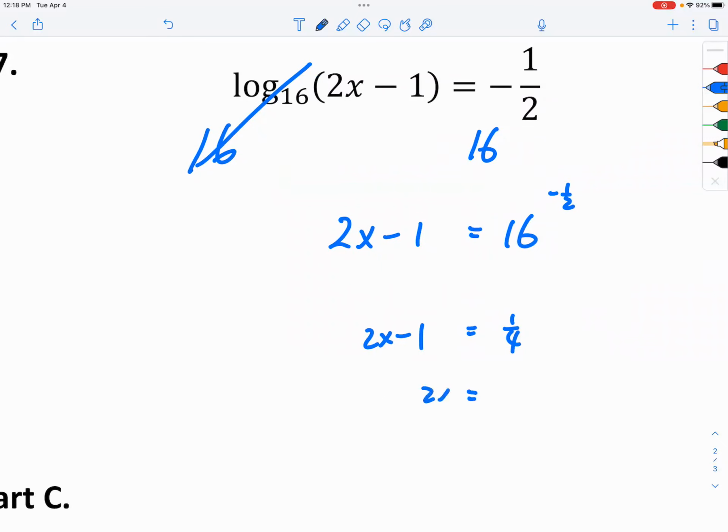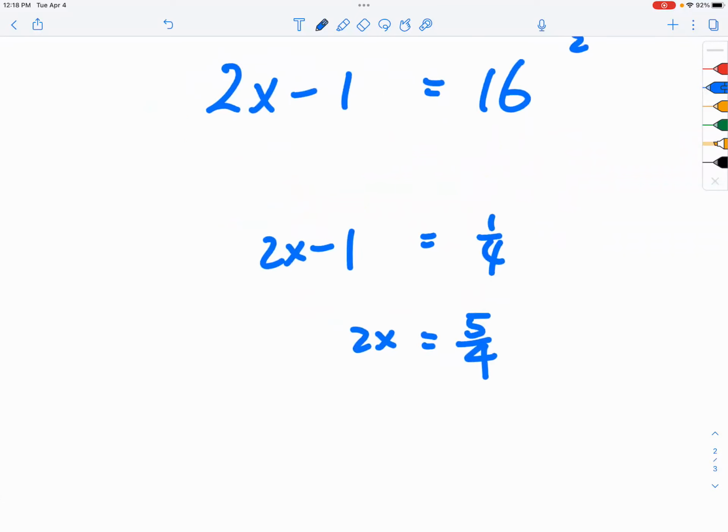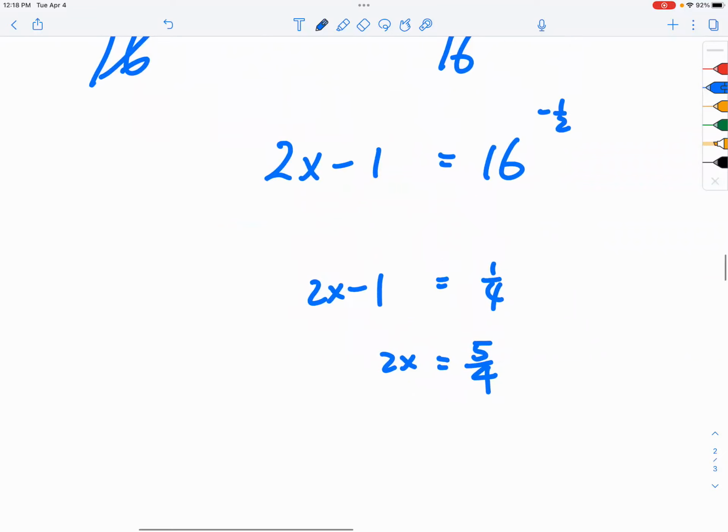You add 1 to the other side, it becomes 5/4. And now, this is where I want to take a moment to talk about what to do to get x by itself. There's a simple procedure right here, but some of you did not do well in the last quiz. Okay. Now, people would say, oh, just go ahead and divide by 2.